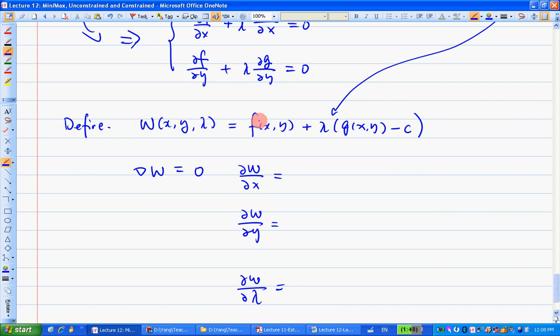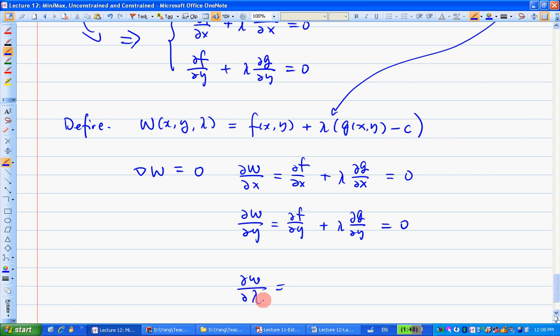Here's F, so partial F over partial X. Lambda is considered a constant, C is also a constant, so you end up with lambda partial G over partial X, and we let it equal to 0. Second one, partial F over partial Y plus lambda partial G over partial Y, and we let it equal to 0.